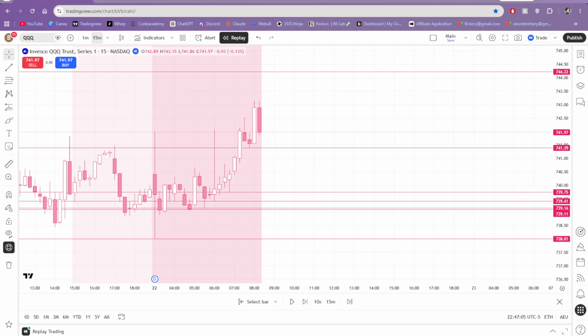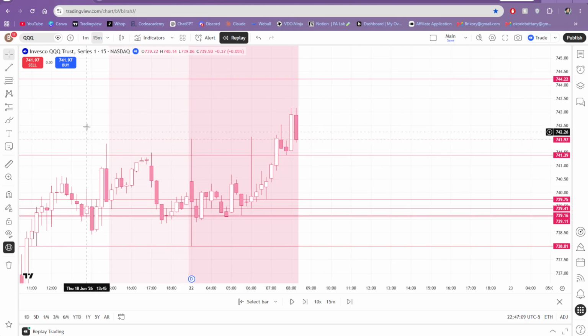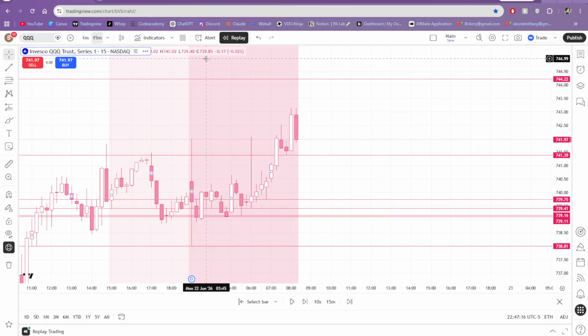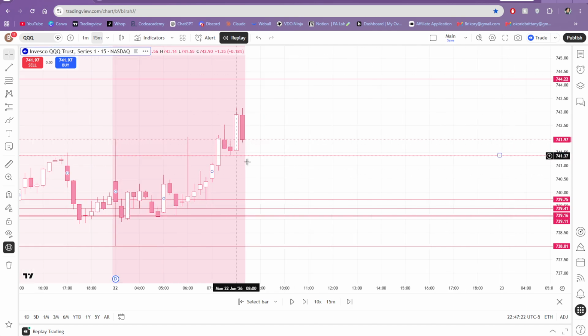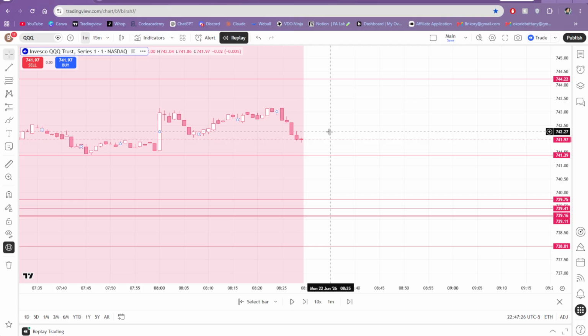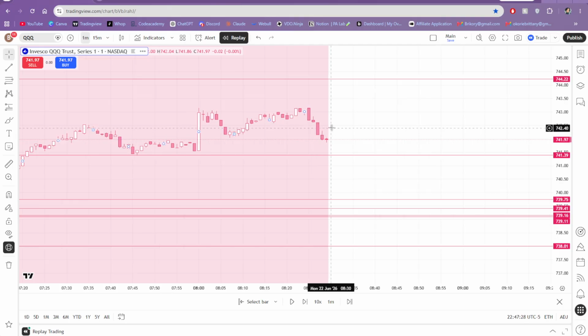Okay, so on the chart, I already marked up the zones over here. So this is what I mean by the timing, the real-time data, if you get what I mean. So let's play this on the 1 minute time frame and see what the market does.